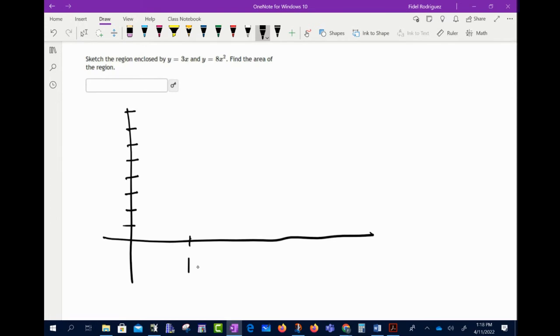I know that in this problem, when x is 1, y is 3. That's what 3x looks like. Take a look at this one. When x is 1, y is 8.